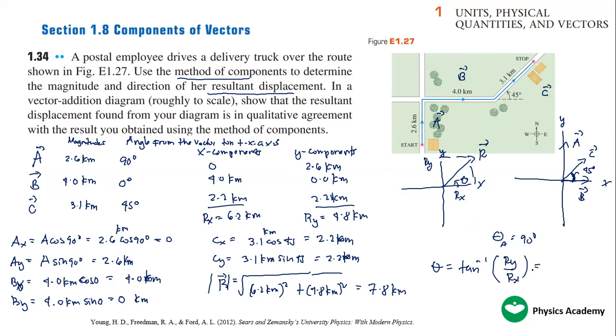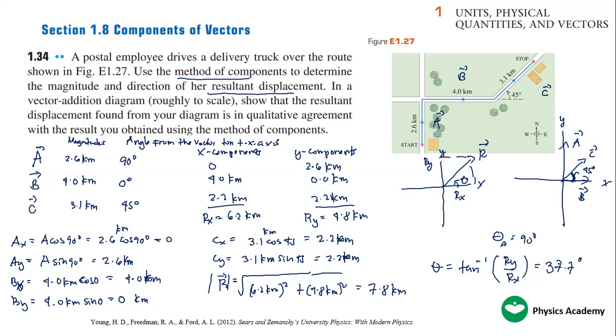So shift tangent of 4.8 divided by 6.2 gives us 37.7 degrees.